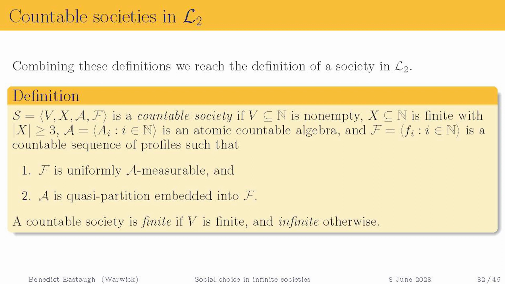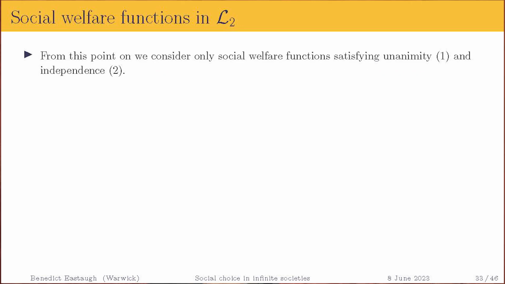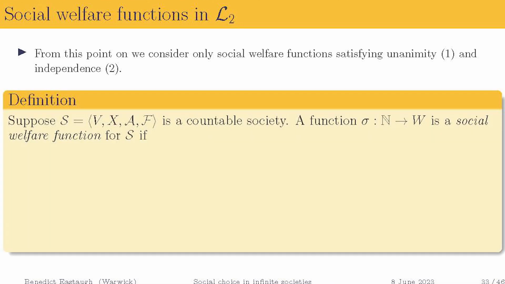One, F is uniformly A measurable, and two, A is quasi-partition embedded into F. And then we say a countable society is finite if the set of voters is finite, and otherwise it's infinite. So far so straightforward. In some sense, this is where all the real work is in getting the right definition, and this is true of a lot of reverse mathematics. From this point on, things get easier.